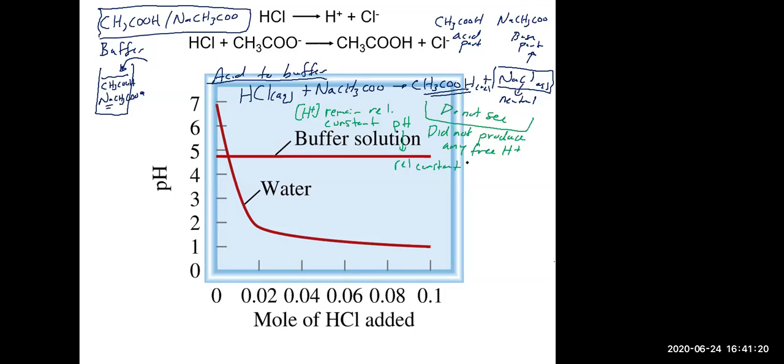And I say relatively constant because in reality, like I mentioned, if you were following the pH, you would see the pH start to move. But it will not be a tremendous jump in pH.